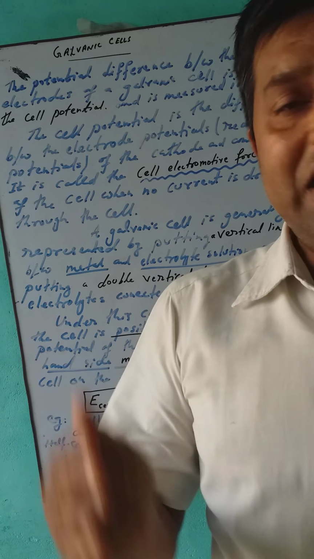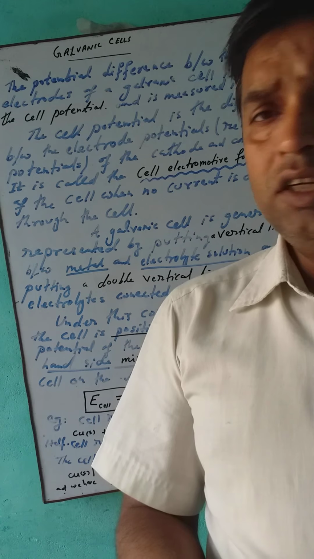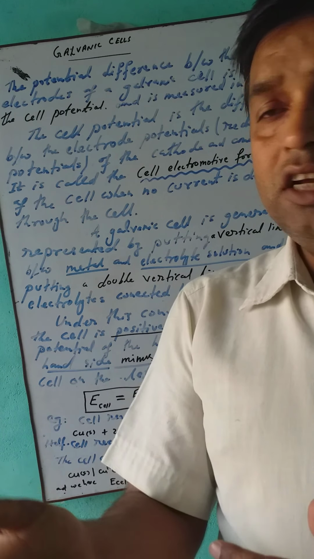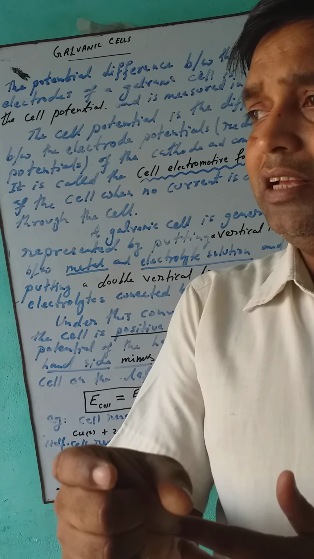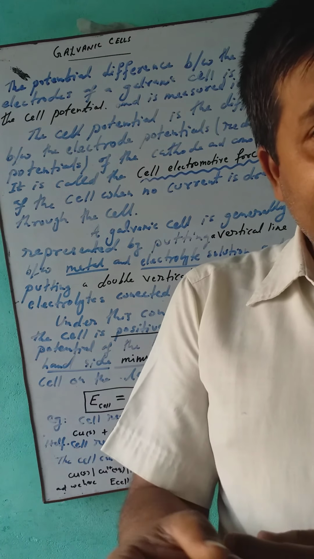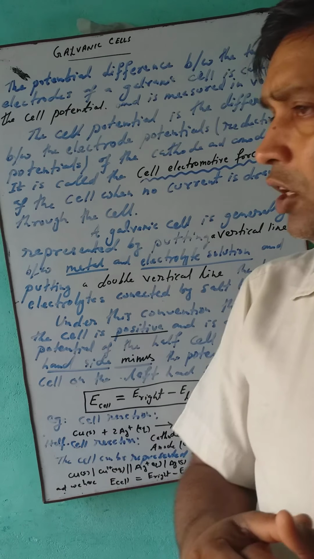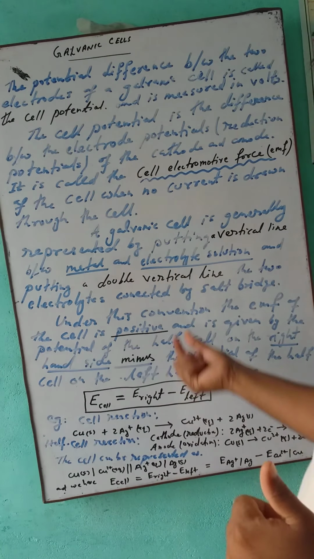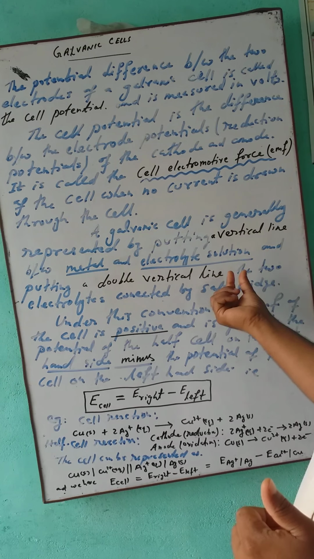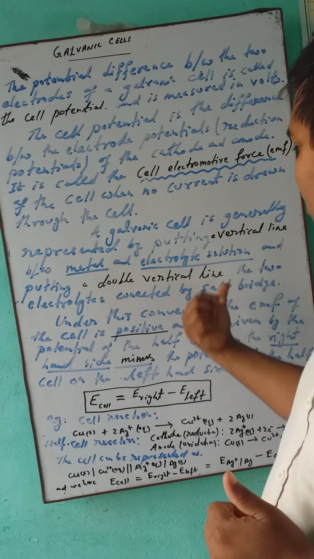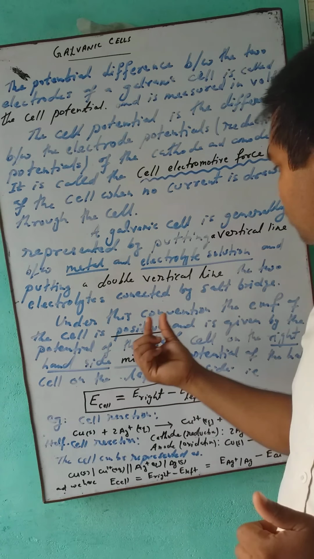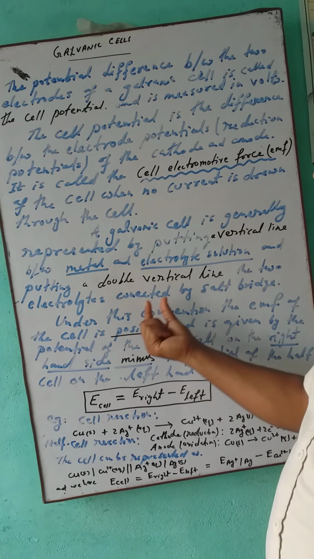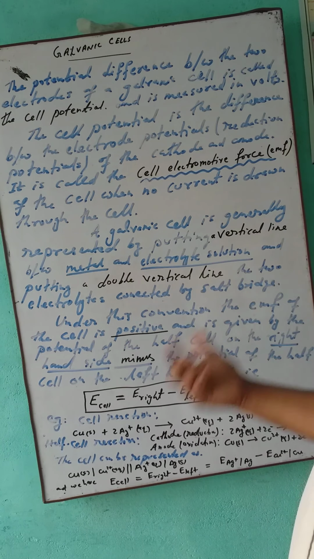Suppose in a half cell, a zinc rod, a zinc electrode, is there, and zinc sulfate is the electrolyte. So we put a vertical line to separate the metal and the electrolyte solution. And putting double vertical lines shows the two electrolytes connected by a salt bridge.